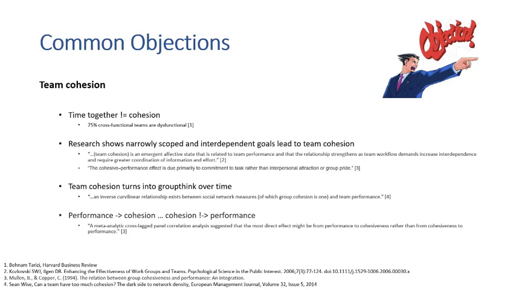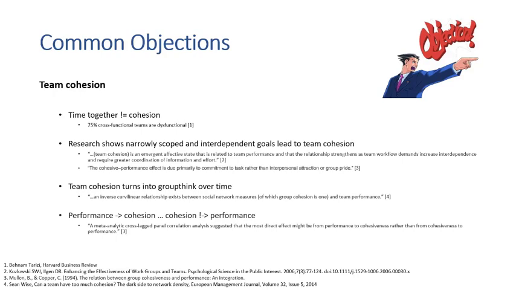One is: team cohesion is an emergent affective state that is related to team performance, and the relationship strengthens as team workflow demands increase interdependence and require greater coordination of information and effort. So as teams have more interdependency, right? They need the skills of others on their team. That inherently builds in this trust and need for cohesion.